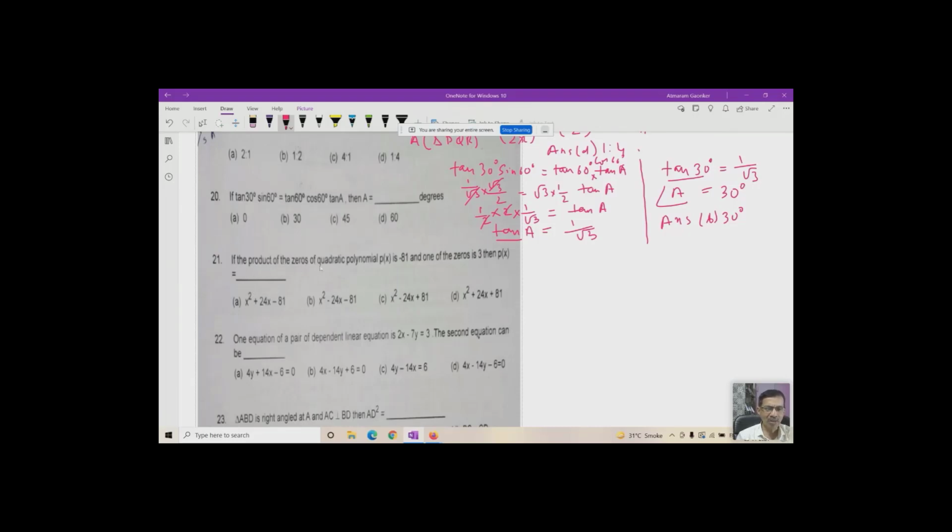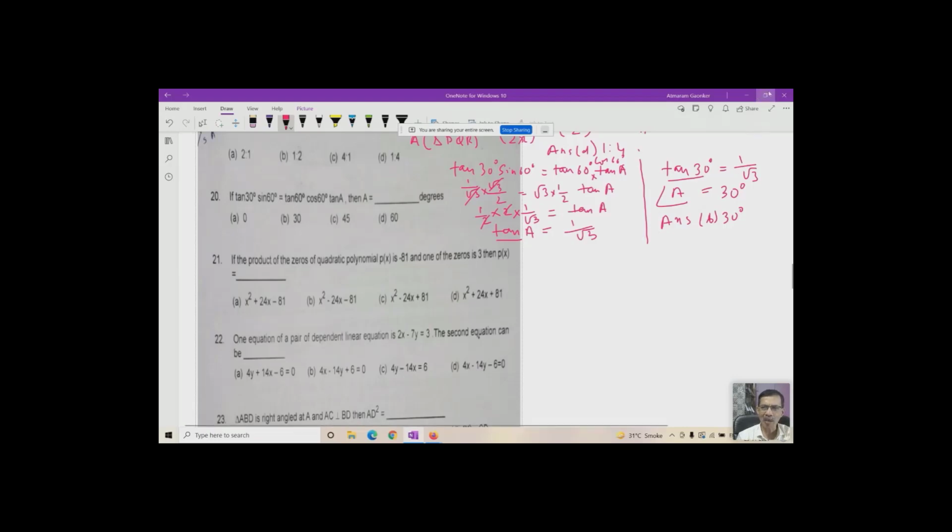If the product of the zeros of the quadratic polynomial p of x is minus 81 and one of the zeros is 3, then the polynomial p of x is dash. You have to select any one polynomial from these. What is your answer? Those who know the answer, please type your answer.